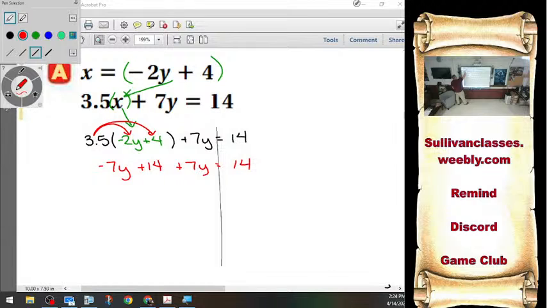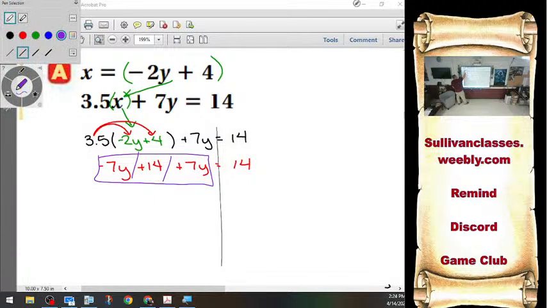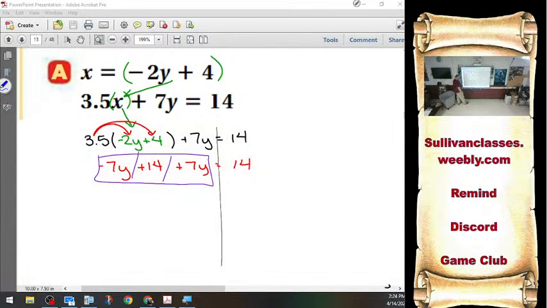And I go to start combining terms. And on the left-hand side here, negative 7y's plus 7y's is no more y's. I get 14 is 14. We say, hey, Aiden, what's your name? Identity, right? Input is output. Billy Bob is Billy Bob. 14 is 14.